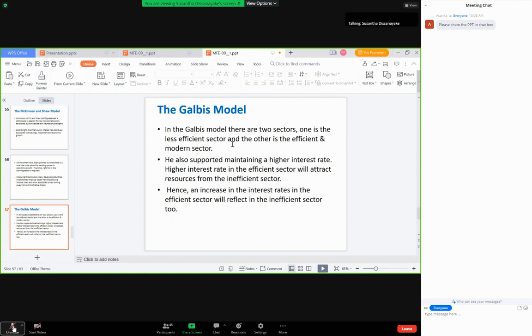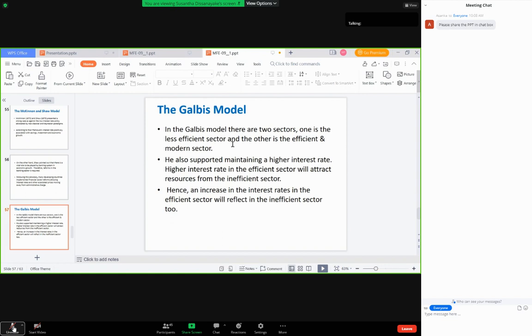When the interest rate is low, the household sector buys more and more, consumption increases, and firms go for more and more borrowing, so they increase their investment. They always encourage a lower interest rate in Keynesian, as well as a little bit in classical.